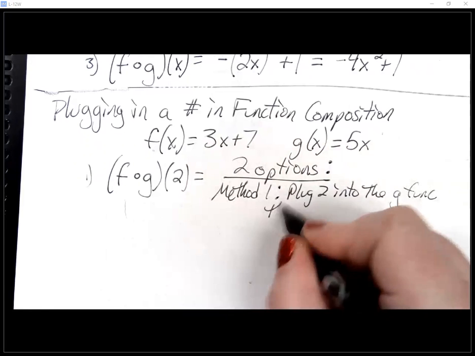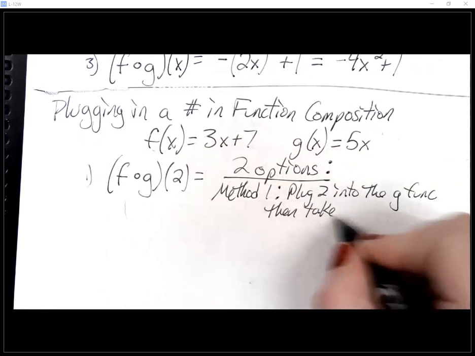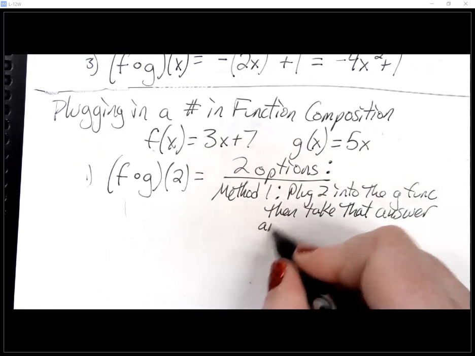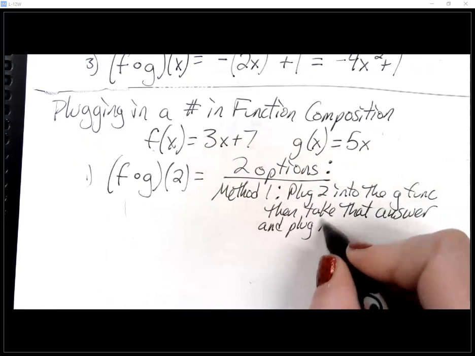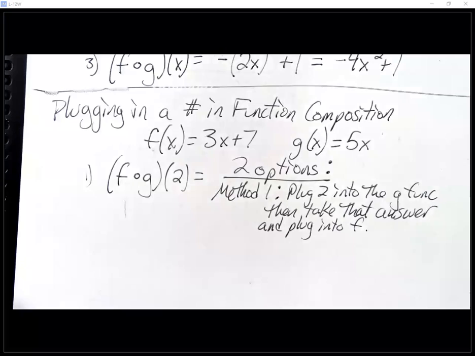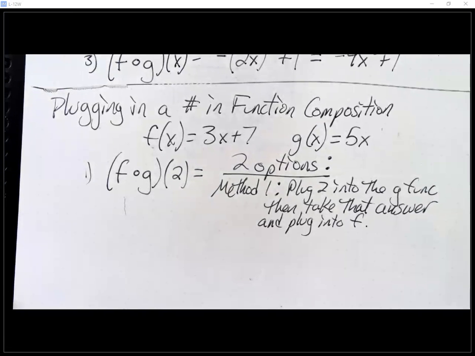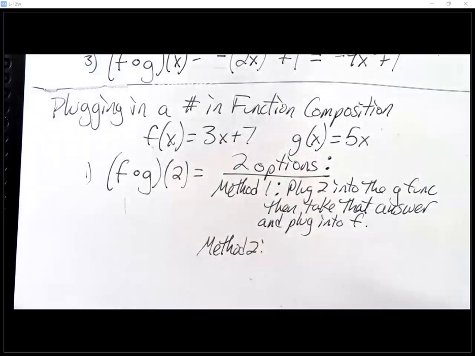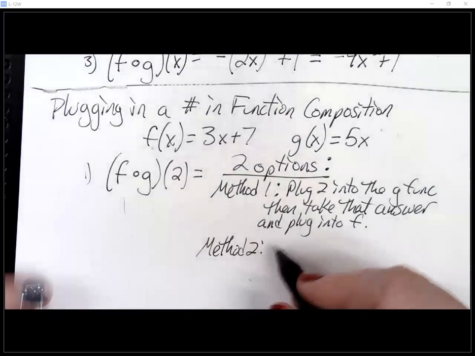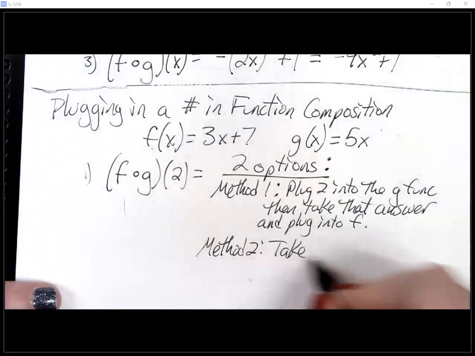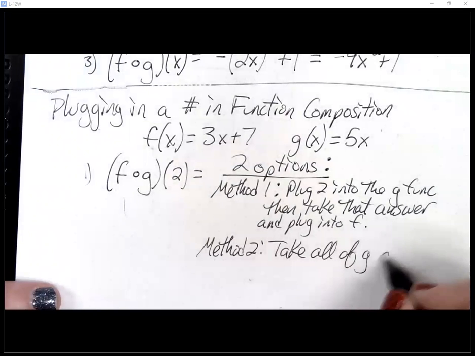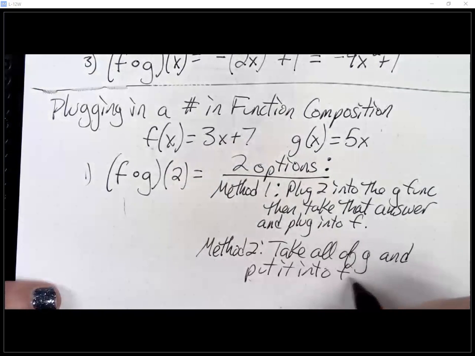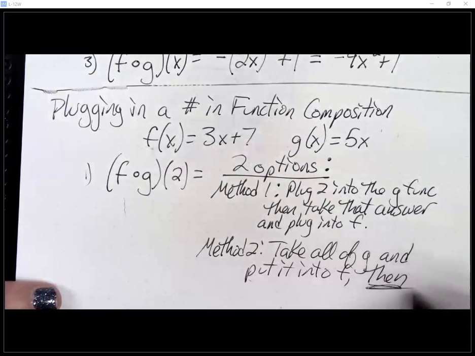Then take that answer and plug into F. Or method 2. And I'm a method 1 person, but if you like method 2, you do it. Take all of G and put it into F. Then evaluate at 2.